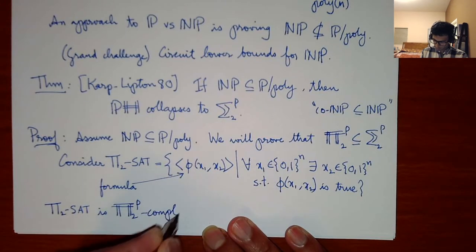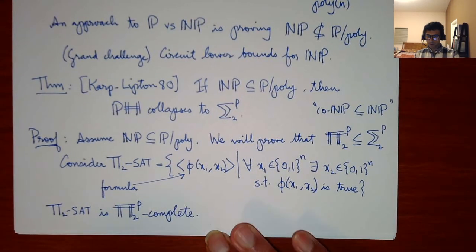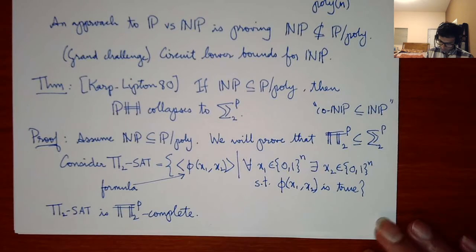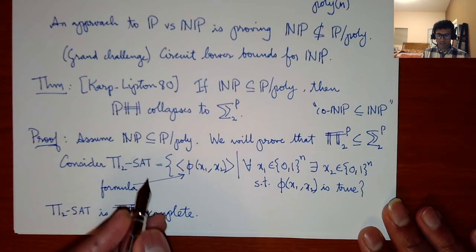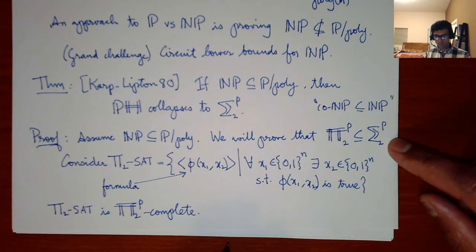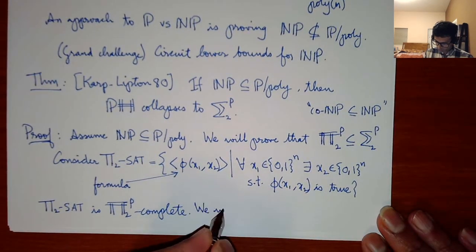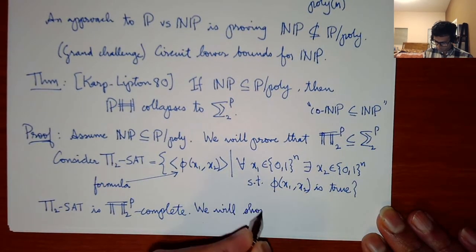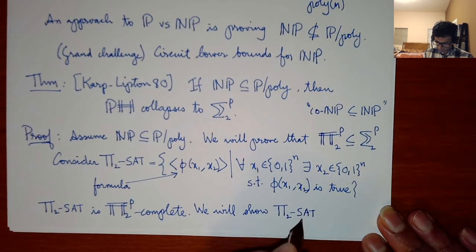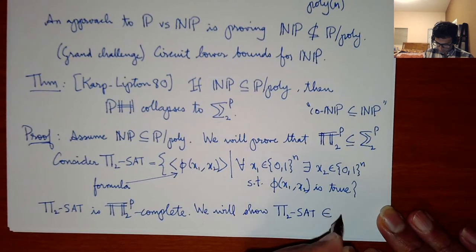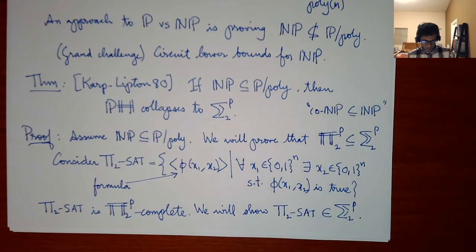This was one of the fundamental statements about the polynomial hierarchy. So if we can show that pi2 sat is in sigma 2, we'll be done. So we will show that pi2 sat is contained in sigma 2. Okay, that's what we will show.